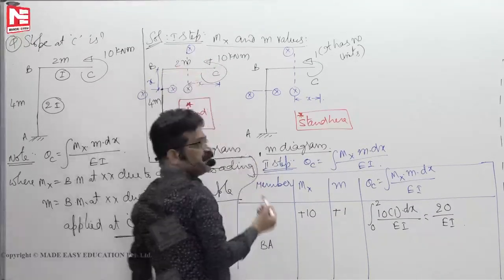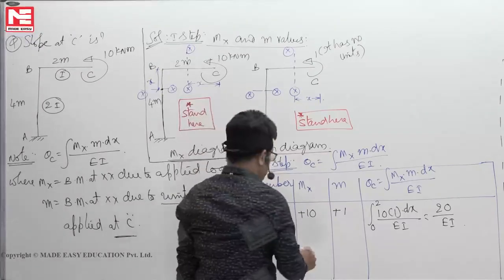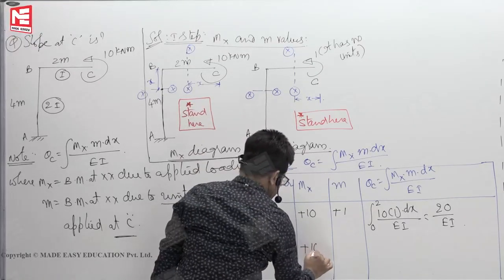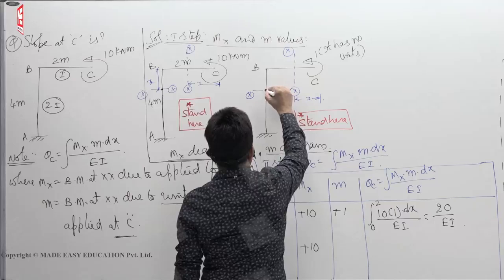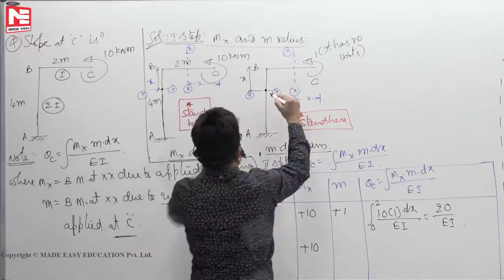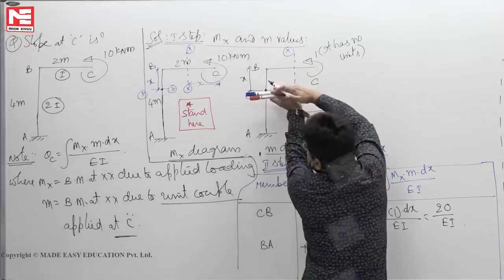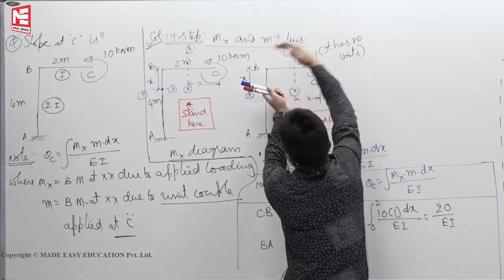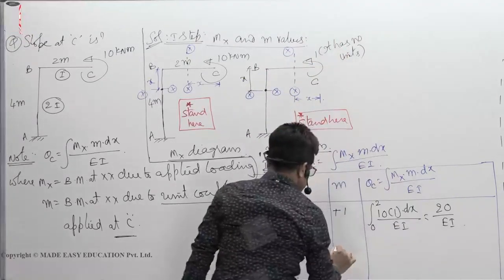How to know plus 10? Because 10 itself is the moment. So 10 into x we should not write. So plus 10. Now stand here. This is the distance x. You are standing here looking right side. Section right side anti-clockwise. Again 1. So plus 1.